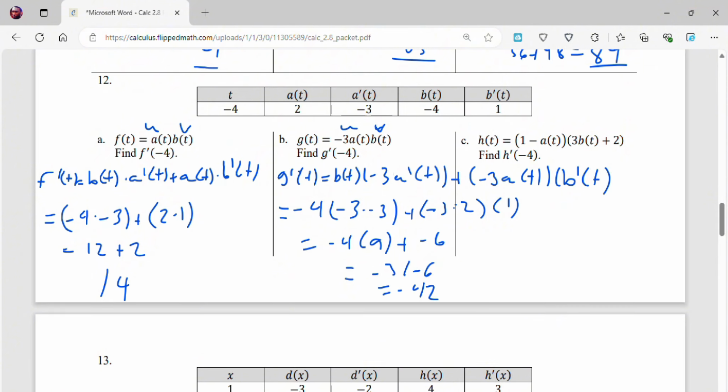All right. Make sure to pause if you still need to write this down because I'm going to erase.